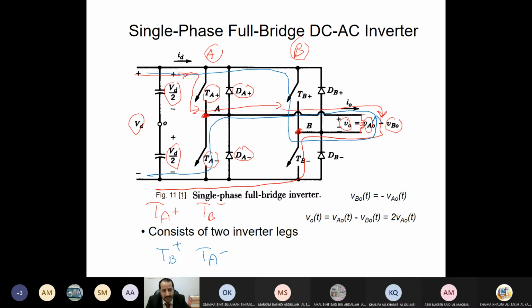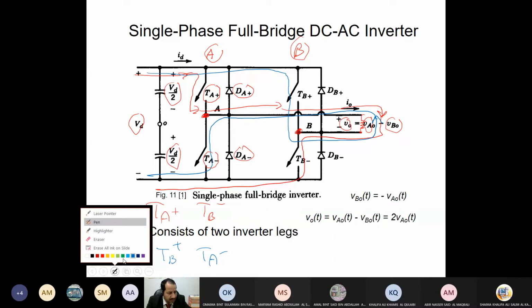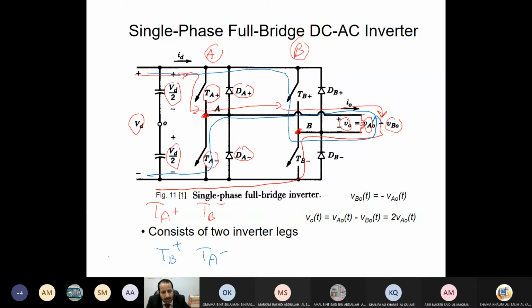What I want you to do here is to focus on these two arrows, one in one direction and the other in the opposite direction, which means the voltage built on the load will be positive, negative, and so on.